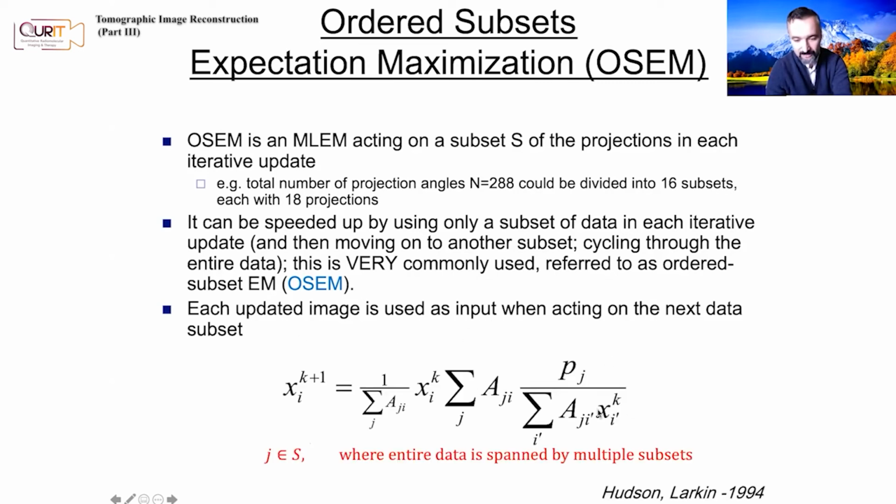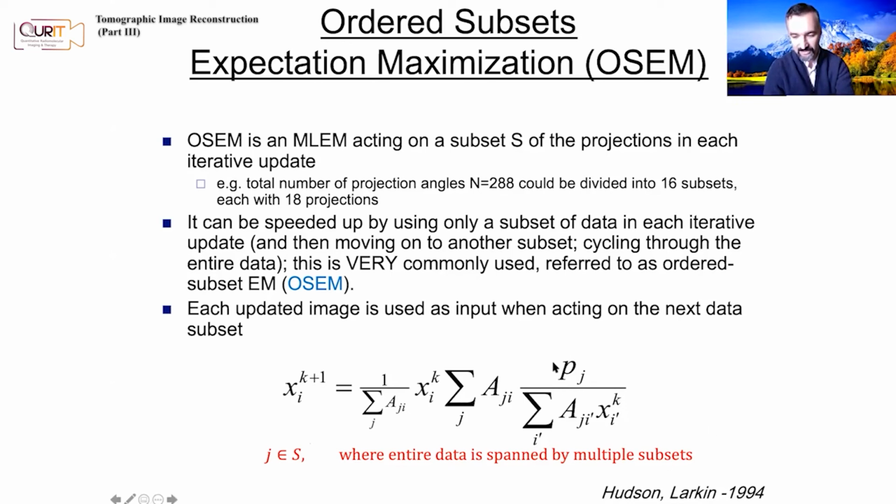So this is the MLEM formula, but in the OSEM, you only do the back projection at each iteration not on the entire data set, but only on a subset of the data set. So each update takes much less time because you're only looking at part of the data. That ends up actually giving you nice image updates, and you keep cycling through the different subsets.